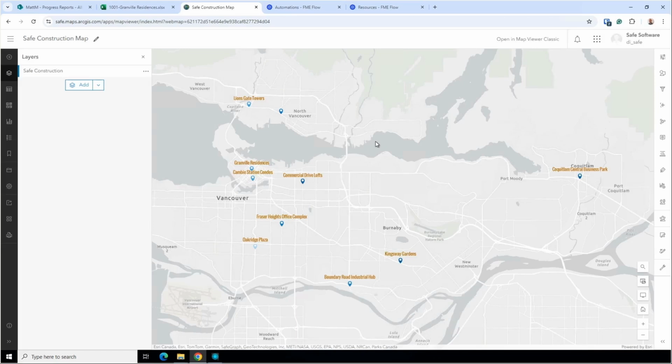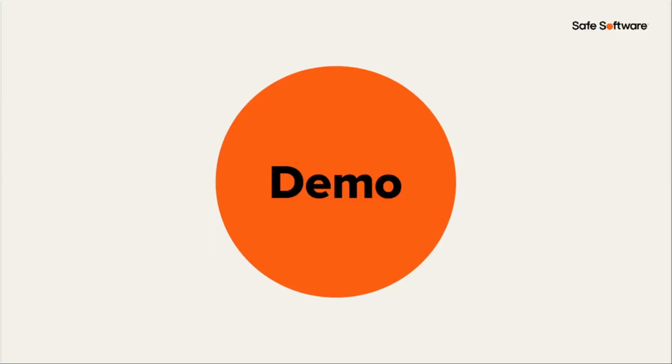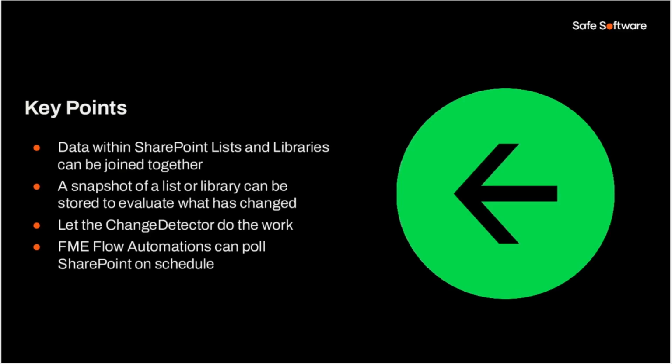Okay, and that pretty much sums up that first demo of how you can join data in SharePoint with some change detection. So the key points here are that, of course, data can be joined within SharePoint lists and libraries. And you can store a snapshot of a list or library to evaluate what has changed. That's just one way to do it. I could have stored more metadata in ArcGIS Online from my document library and just read it from there as well.